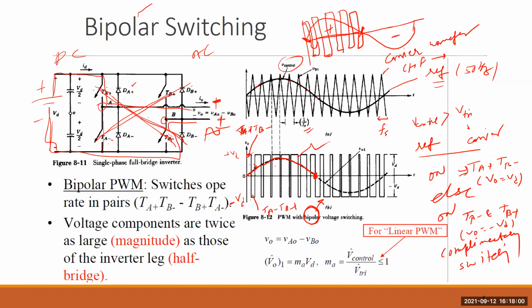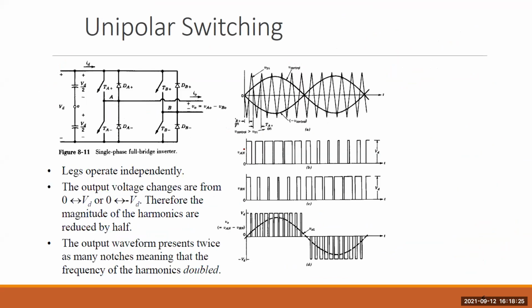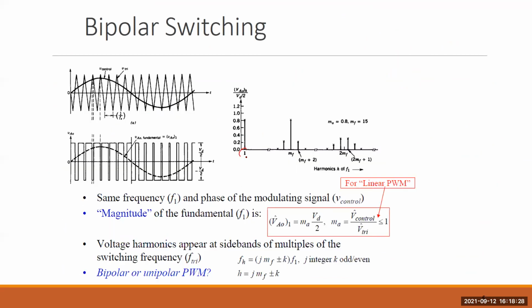Now, if we do the fast Fourier transform of this bipolar waveform, where switching is at high frequency, like 20K, 30K, then since it is high frequency switching and linear modulation, you can see here is your fundamental component, the 50 hertz component.